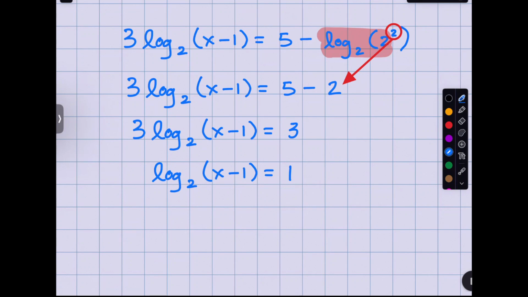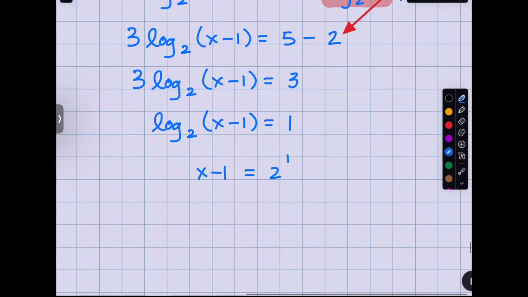One is that I can convert this to exponent form, or I can use the opposite operation of log base 2. If you convert it to the exponent form, it would just be 2 to the first equals x minus 1. That's how I learned how to convert. Oh, that's fine.